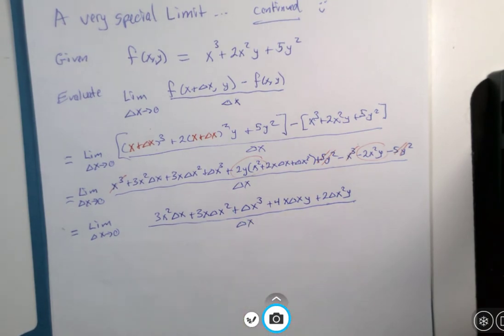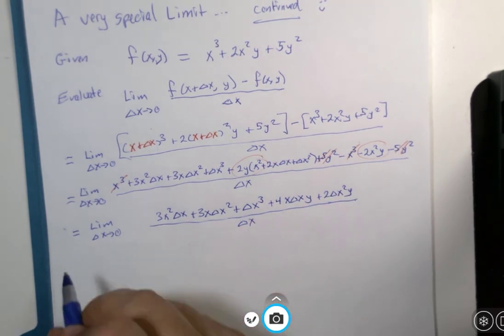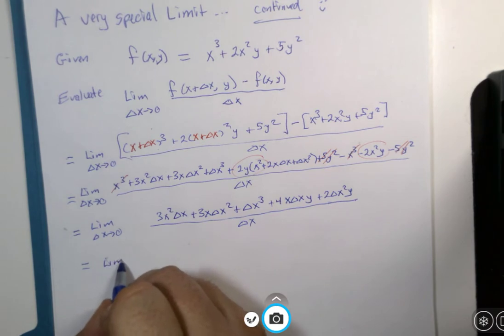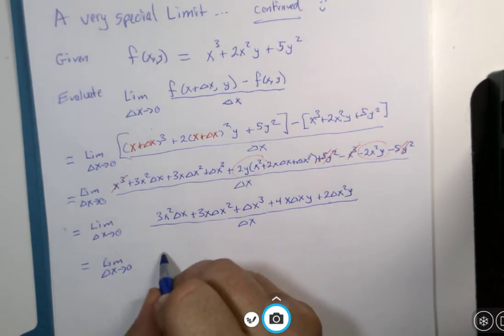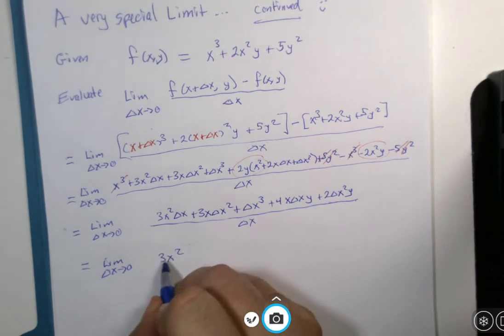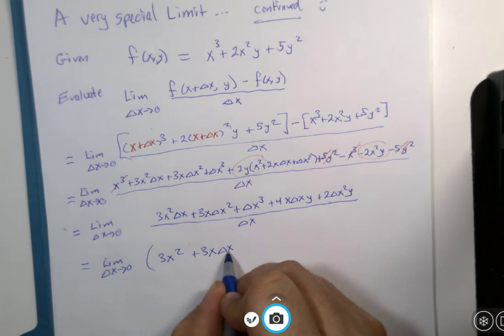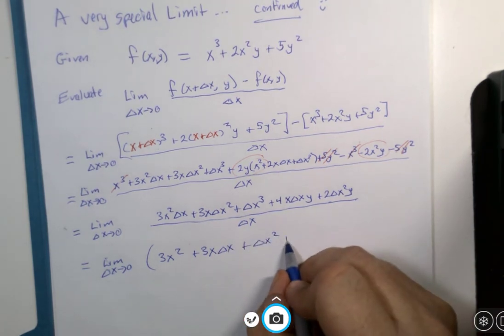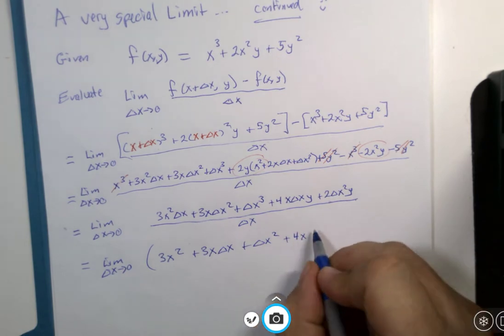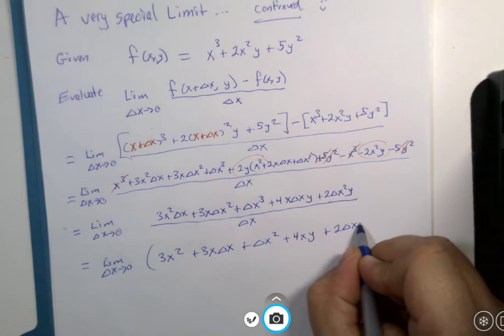And I step back again and I look at it and I realize every term has delta x in it. I can factor and reduce. And this would become 3x squared plus 3x delta x. Delta x squared is added in there. 4xy plus 2 delta xy.